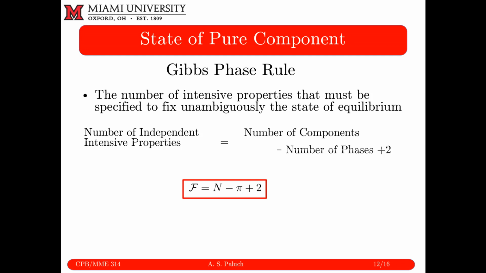And so, the only reason for getting this in the context of the Gibbs phase rule is that for that case, n is still 1, but pi is 2. And so if I have water at two-phase coexistence, I have a single degree of freedom, just 1. What that tells me is if I specify just temperature, then the state of my system is fixed. Or if I specify just pressure, the state of my system is fixed.